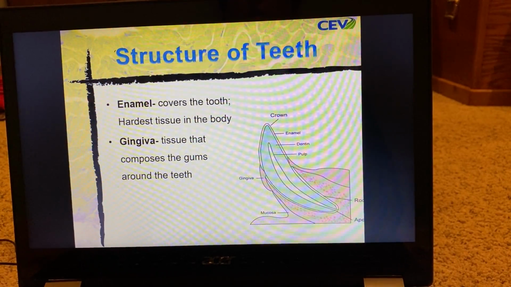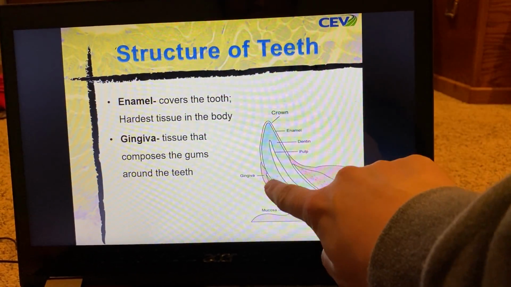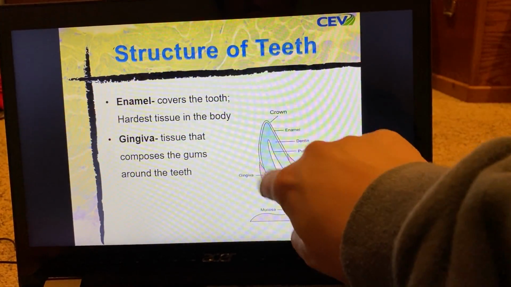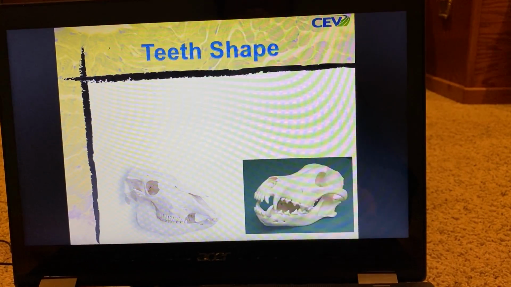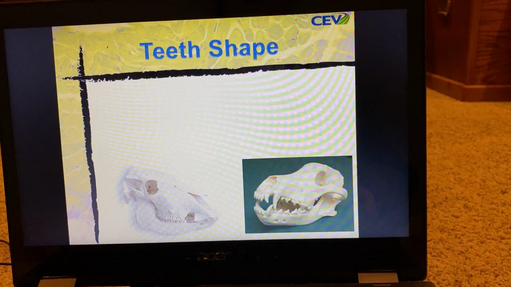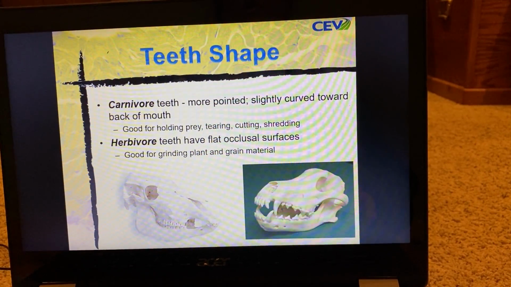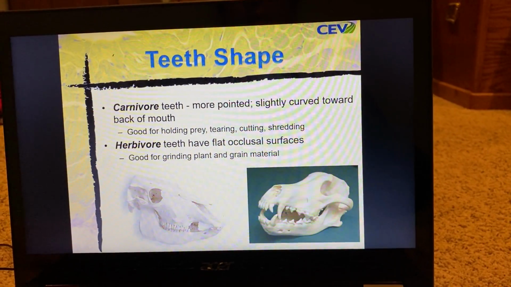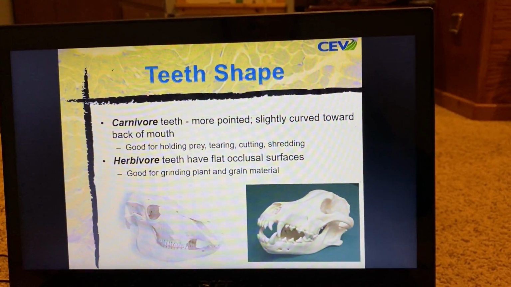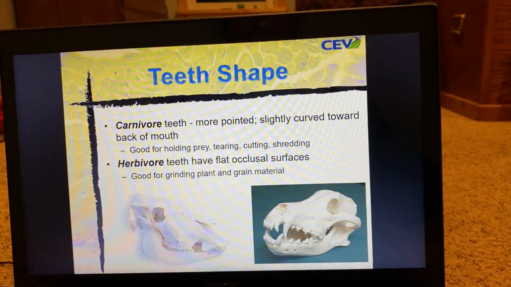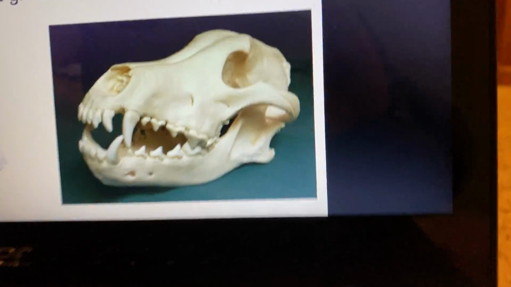Gingiva are our gums. So our gingiva is just what surrounds our teeth. And then we have some pretty cool teeth shapes. If you look at these two pictures here, we have a carnivore and an herbivore. Our carnivores are right here.